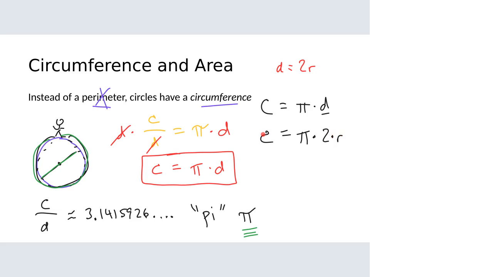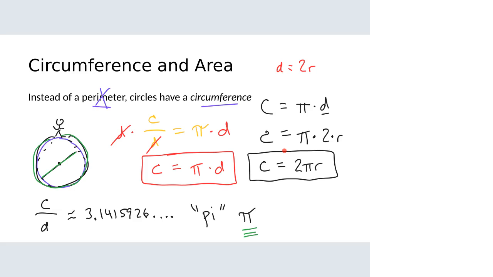So the circumference would be pi times 2 times the radius. That's a little bit clumsy. So instead of this way, we could also say circumference is 2 times pi times r. And so we have 2 different formulas that we can choose from.